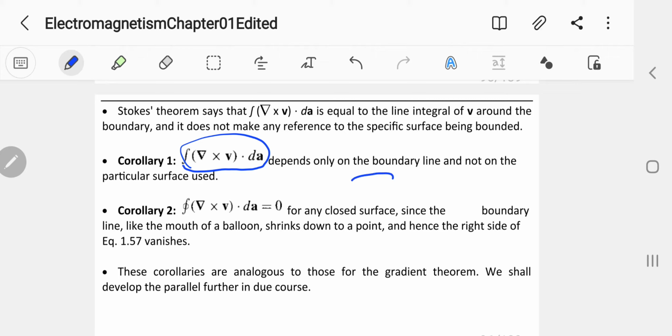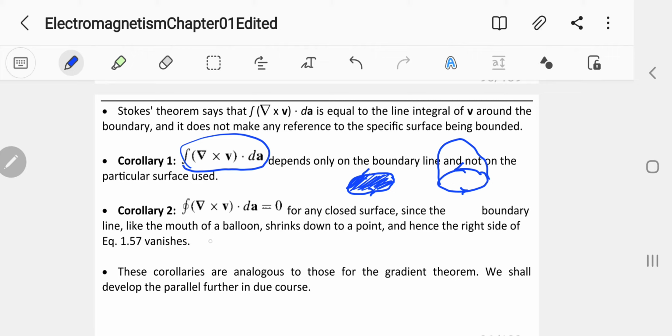So if you have a boundary line like that, for example, if you have a flat surface, the integral would be the same if you have a curved surface. It doesn't matter.